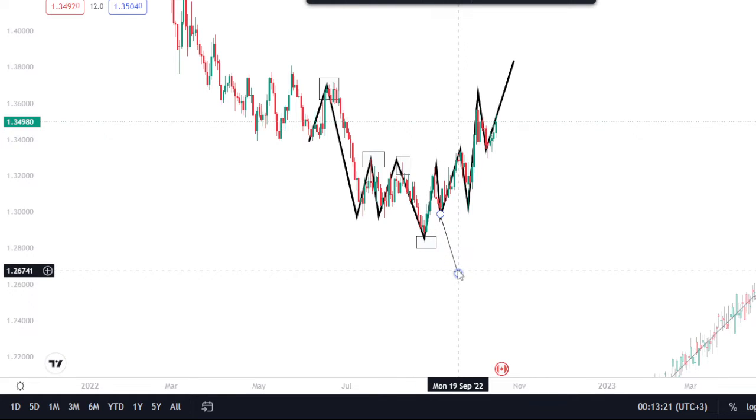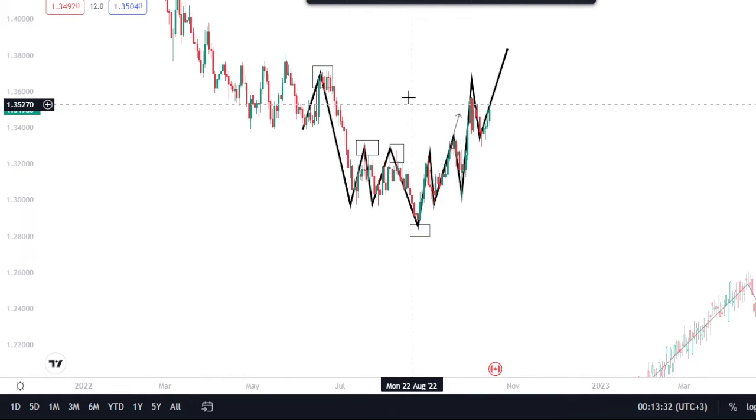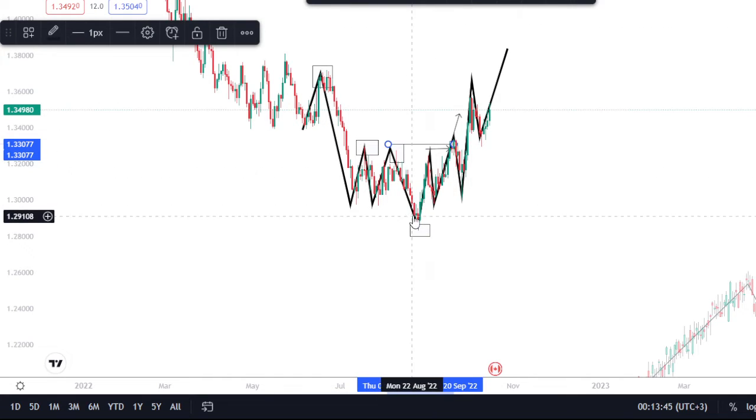It didn't even come to make a new low, but what it did, it shifted its bullishness or its uptrend to the upside. Doing what? Breaking even this first high, even this second high, which was responsible for this last low.